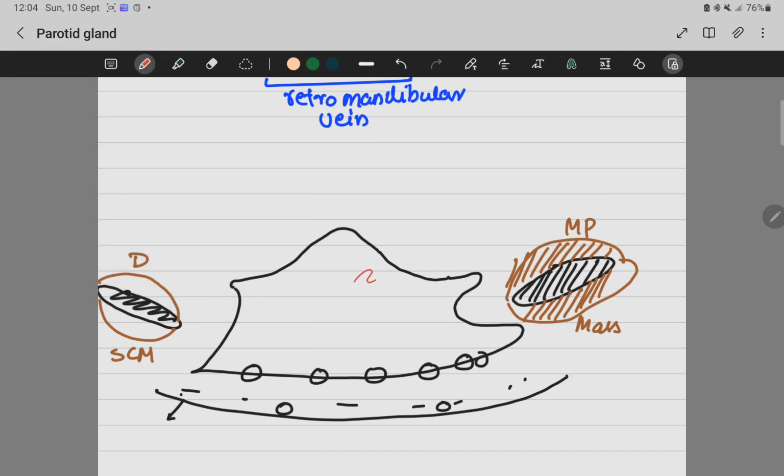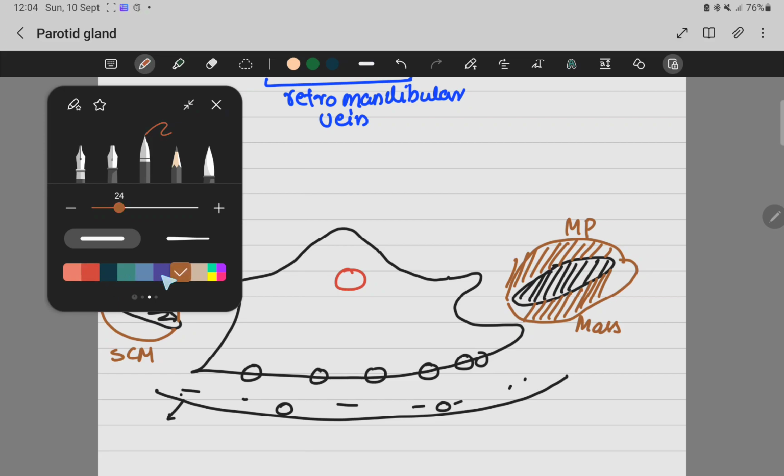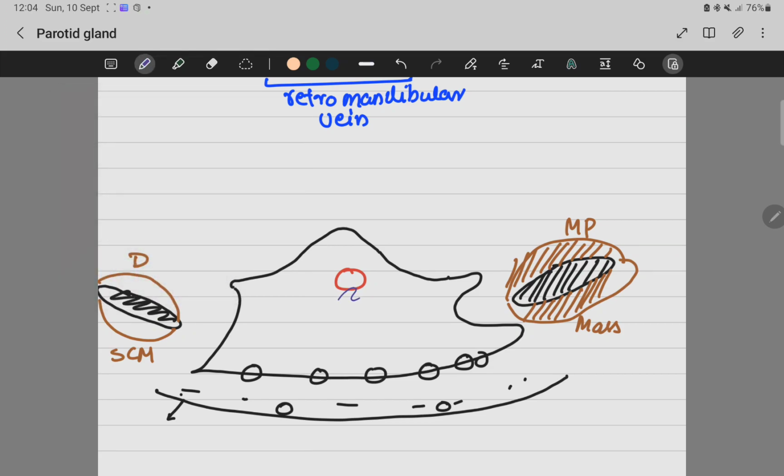We have the external carotid artery and the retromandibular vein. We have an internal jugular vein over here, then internal carotid artery.